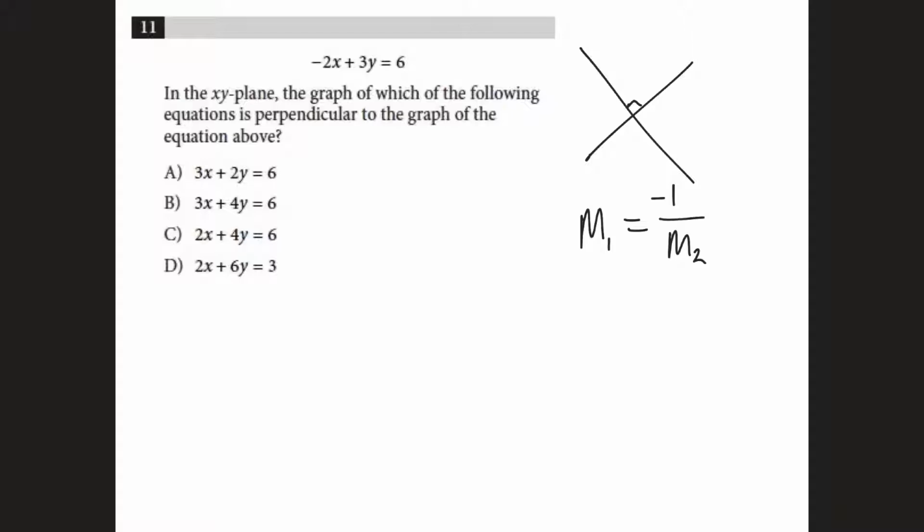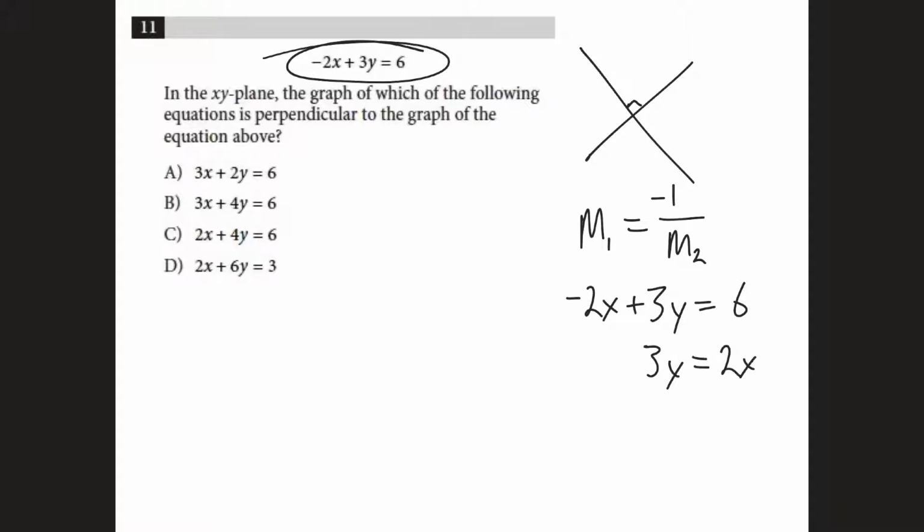So to figure out the slope of this line, we need to put it into slope-intercept form, and that should be easy enough. Let's rewrite it down here. Add 2x to both sides, and then divide by 3.